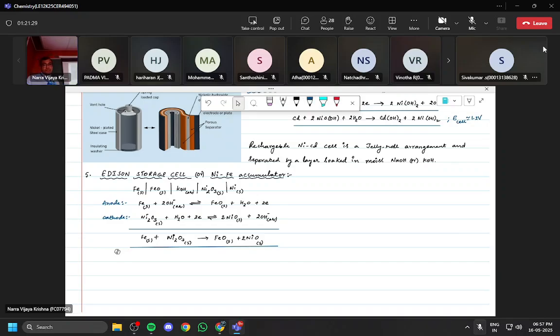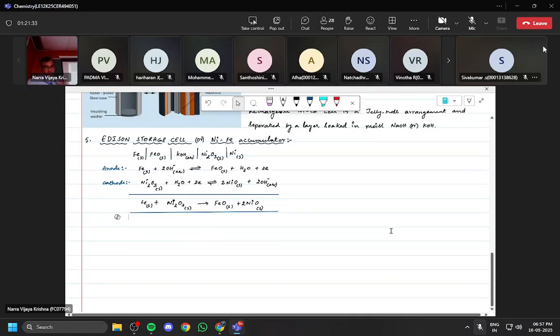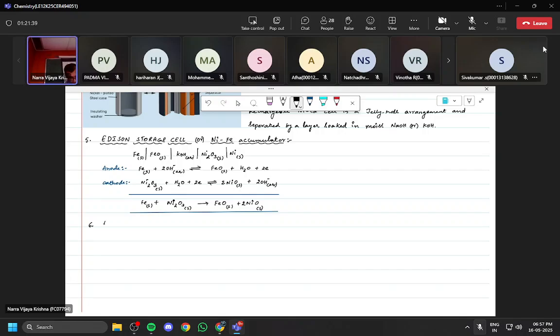Done. Addition cell, or we call it nickel iron accumulator. Next, one more cell is there. Lithium ion batteries. Our daily use batteries, mobile phone battery, right? So lithium ion batteries are simply lithium batteries. In this, lithium acts as anode.